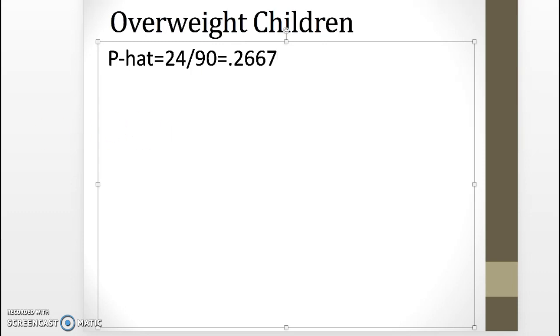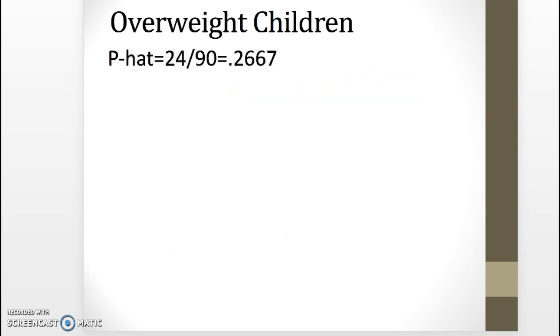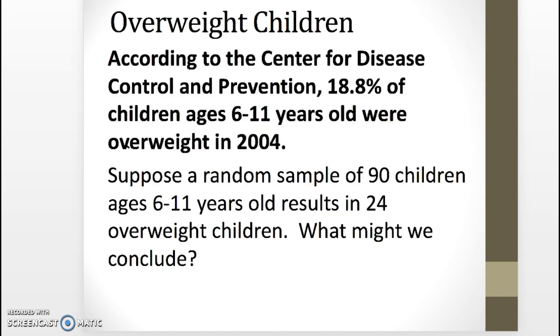and in comparison to our distribution for our underlying population of 18.8% of overweight children, this number is pretty high. Now, pretty high is also contingent upon comparing to the standard deviation. In other words, how high is too high, or how high is concerning, also depends on our standard deviation.